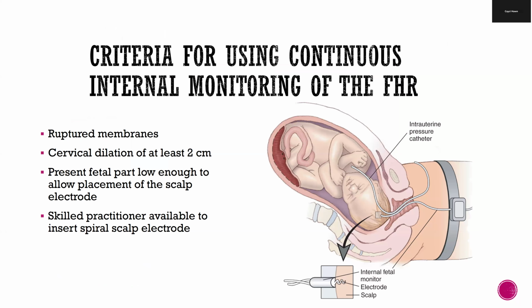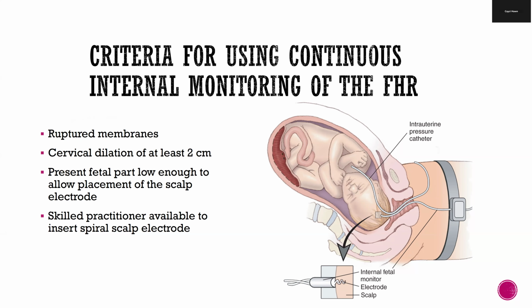So internal monitoring. There's specific criteria that has to be met in order for internal monitoring to be used. Number 1, whether it's a fetal scalp electrode or an intrauterine pressure catheter, the amniotic membranes must be ruptured. Number 2, cervical dilation needs to be at least 2 centimeters.